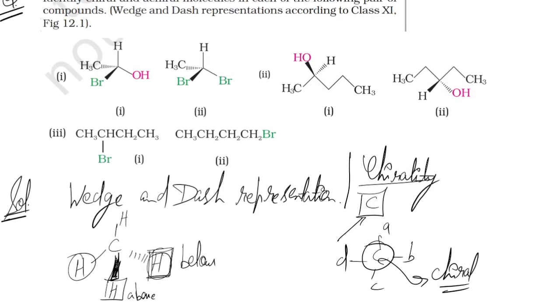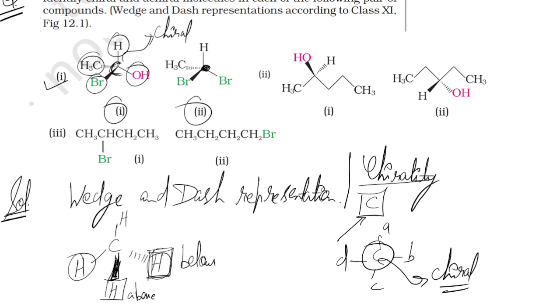Let's see the first question. We have two different cases. Here you can see this is the central carbon, with one hydrogen, and all four units are different, so this is your chiral carbon. But what about the second one?